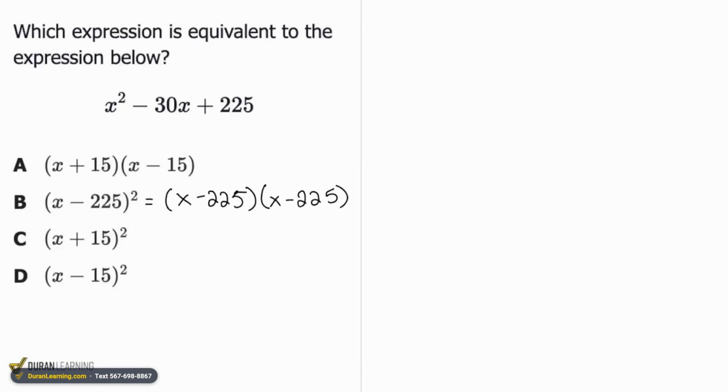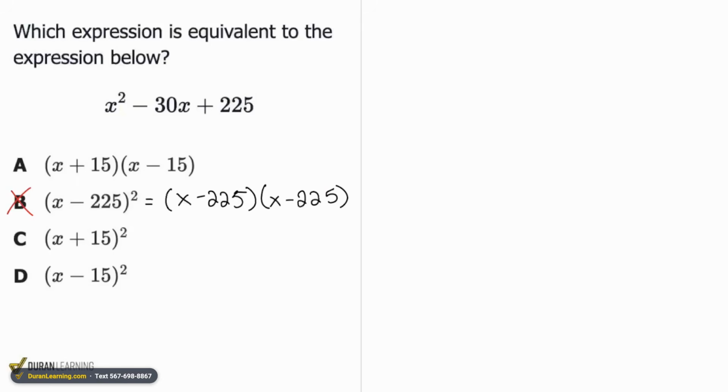If that's expanded, is 225 times 225 going to be 225? No, it's not. So I can immediately say that B is not the answer.